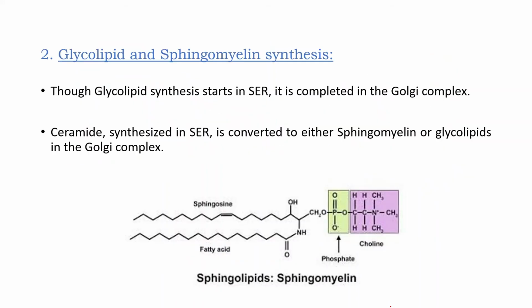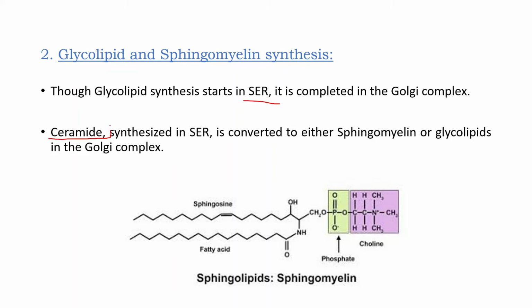Now the second function of the Golgi apparatus is glycolipid and sphingomyelin synthesis. I should say that the function is the completion of the glycolipid and sphingomyelin synthesis that initially started in the SER. So the synthesis of glycolipid and sphingomyelin, glycolipid or various other lipids starts in the SER and it is just completed in the Golgi apparatus.